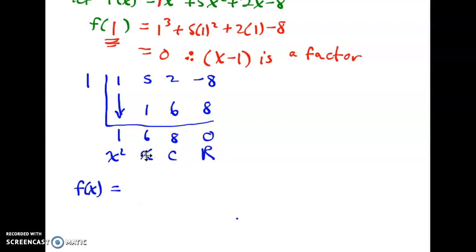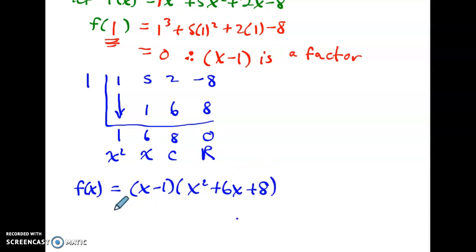So we can rewrite this as f of x, which is that cubic, equals quotient times the divisor. So our divisor times the quotient that we just found. Okay. And we don't need to do a plus remainder because the remainder is 0. So what we've actually done there is we have factored it so that now there's one bracket factored out, and the other bracket is a quadratic.